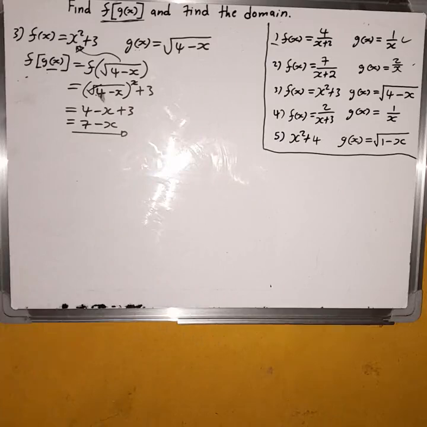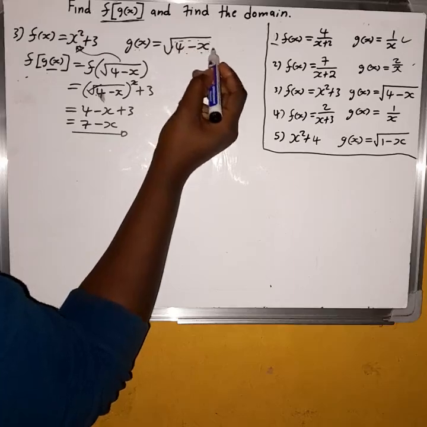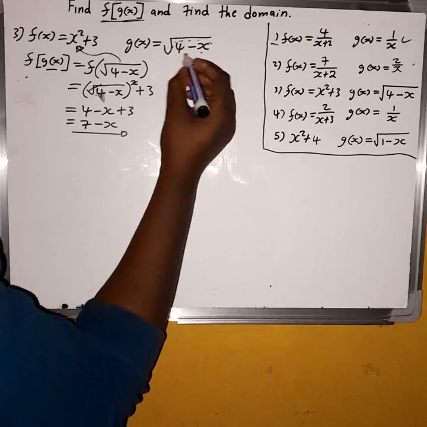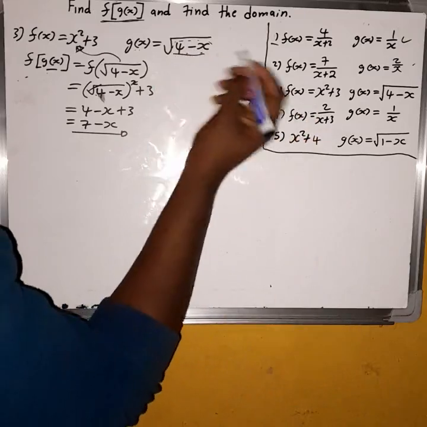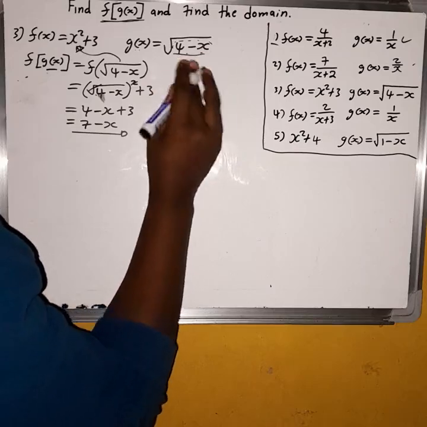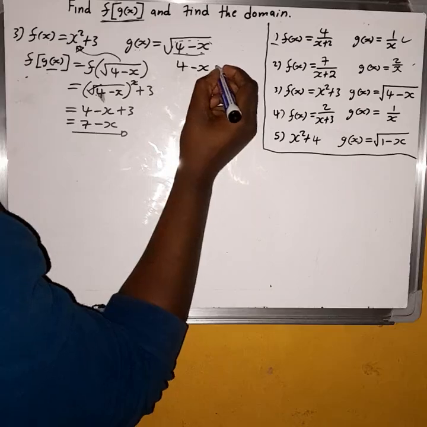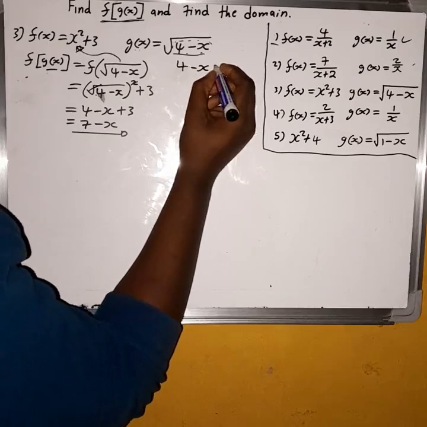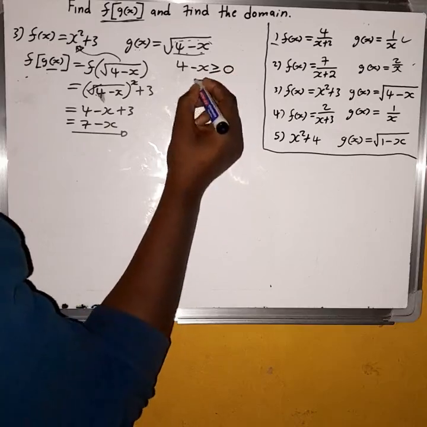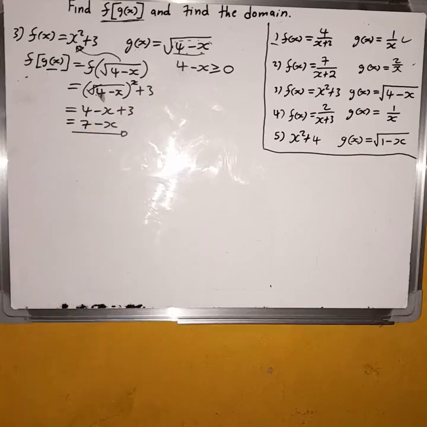So that means what is inside must be greater than or equal to 0. So 4 minus x must be greater than or equal to 0, because the square root of 0 is not imaginary, right?